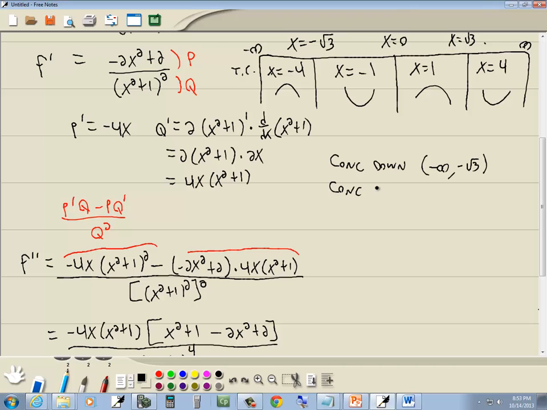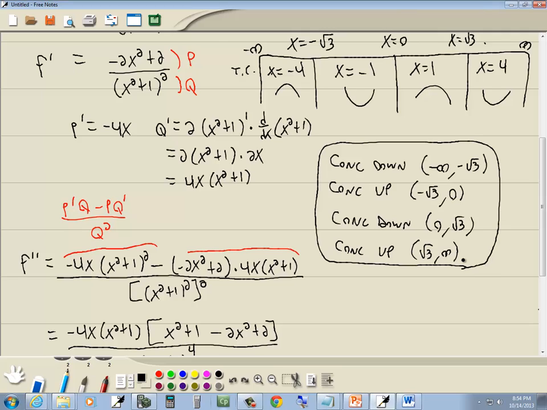And then it's concave up from negative square root of 3 to 0. And then it's concave down from 0 to square root of 3. And then it's concave up from square root of 3 to positive infinity.